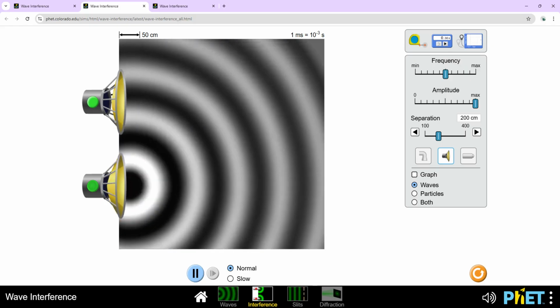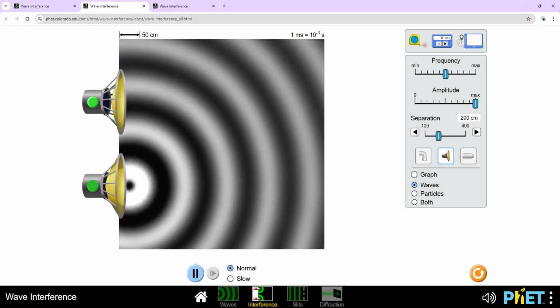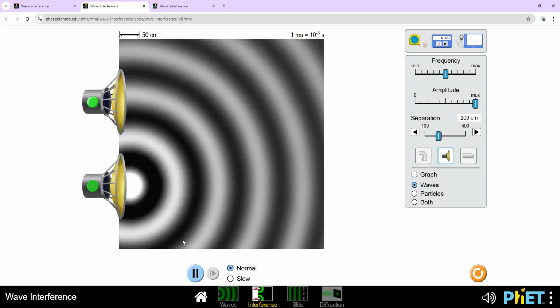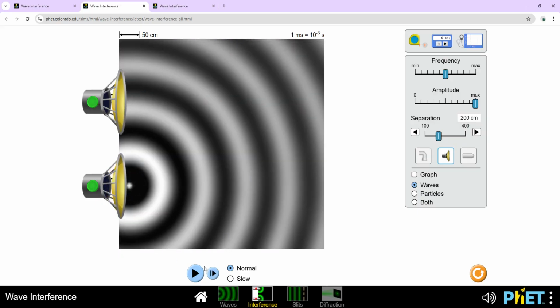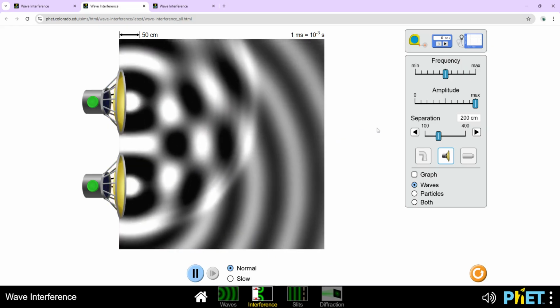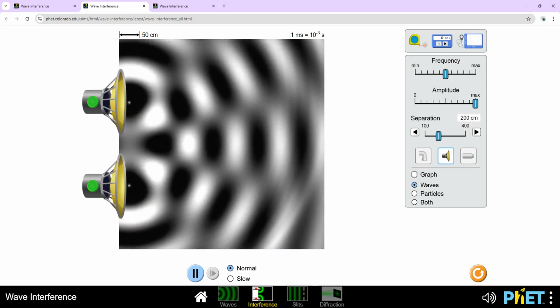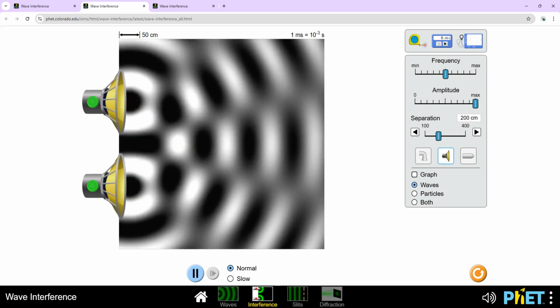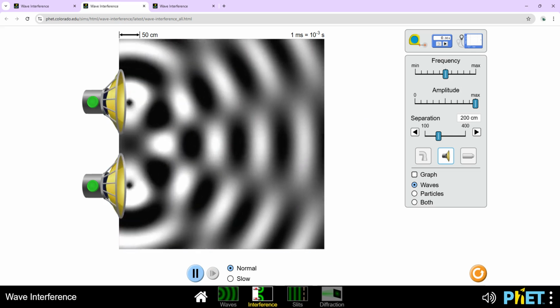What we're interested in is the effect that we get when both of these are operating at the same time. So what's happening is that those circular wavefronts are now overlapping and interfering with each other.